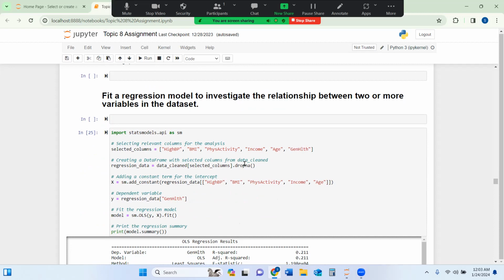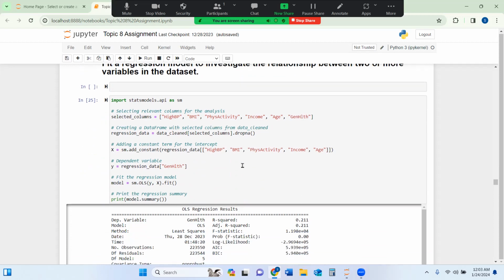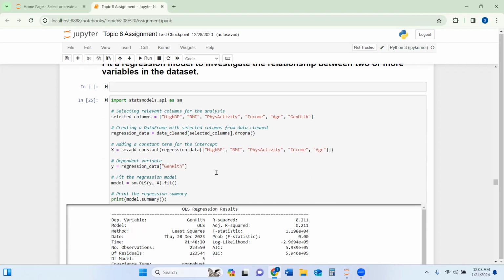Now, I fitted the regression line for independent variable and dependent variable. The independent variable is general health, and the dependent variables are high blood pressure, BMI, physical activities, income, and age.